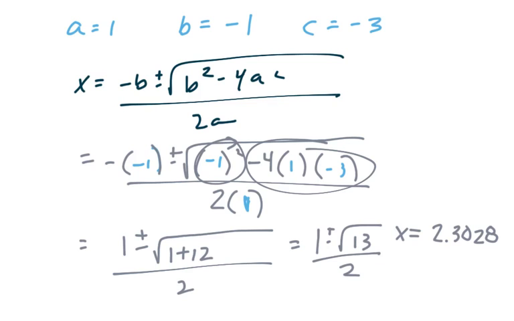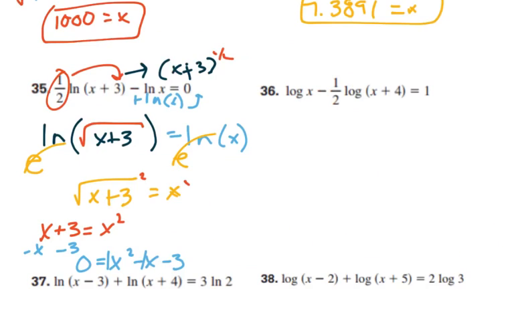And also 1 minus the square root of 13, that result divided by 2, makes negative 1.3028. So going back here, our x's are both of these numbers, 2.30 and negative 1.30.